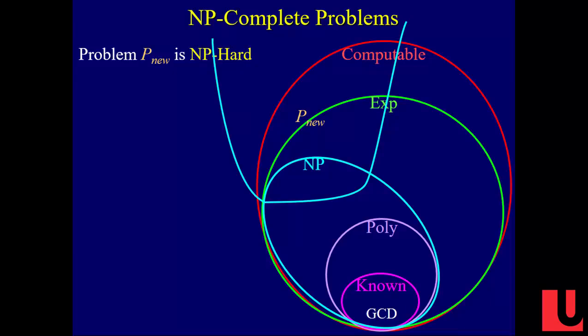Are you trying to say that this NP problem can also be done in exponential time? Yes. Why can it be done in exponential time? My boss gives me an instance. I know that if it's a yes instance, they're out there somewhere.